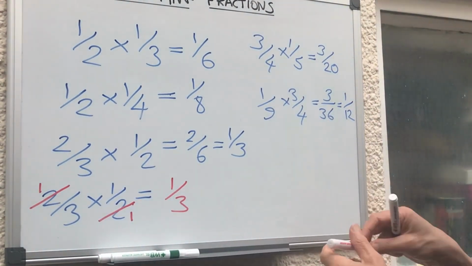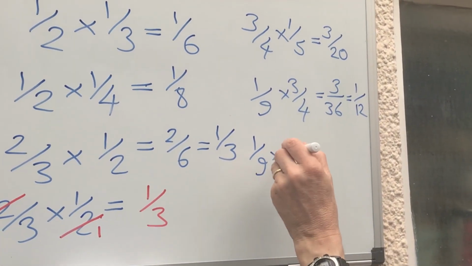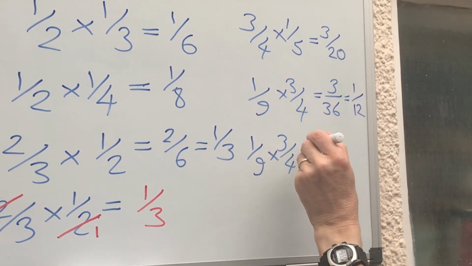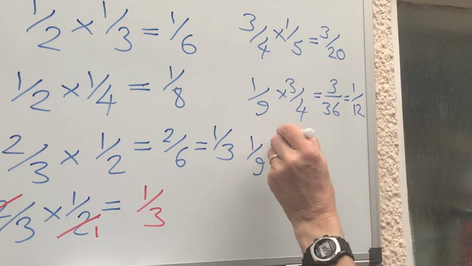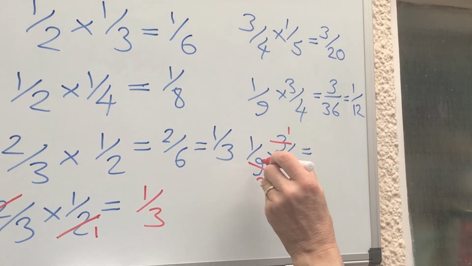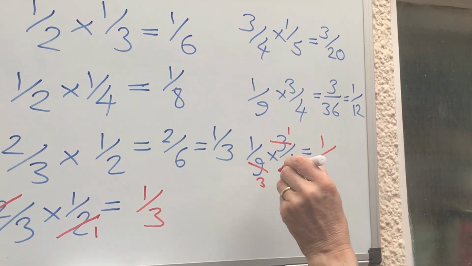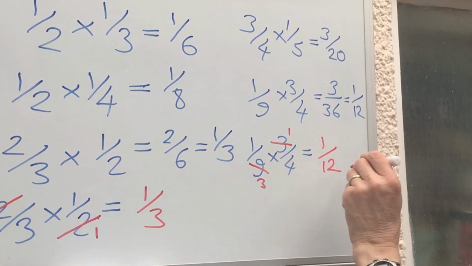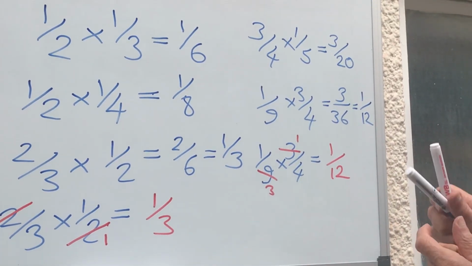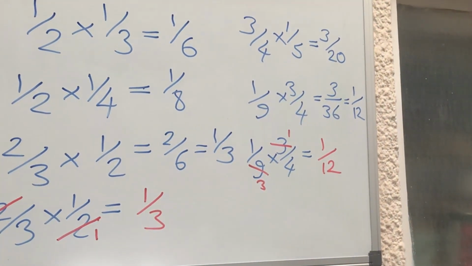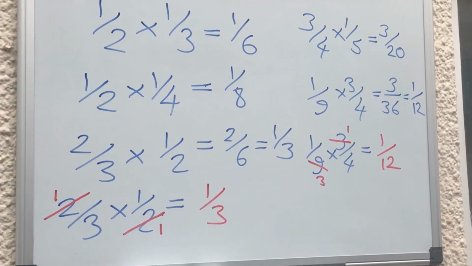Alternatively, we'd write it out again, 1/9 times 3/4, and as you can see here, 9 divided by 3 is 3, so we've now got 1 on the top, 1 times 1 is 1, and 3 times 4 is 12, so the answer is 1/12, and miraculously it gives us exactly the same answer by both methods, which proves that both methods are equally good, or else that something has gone totally wrong.